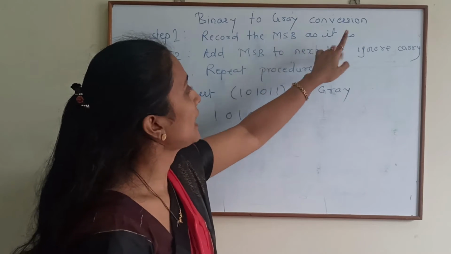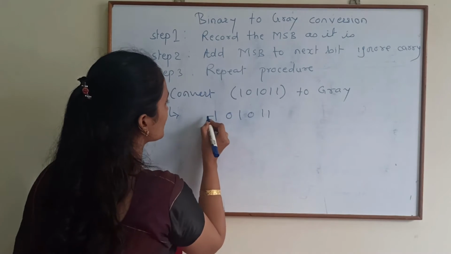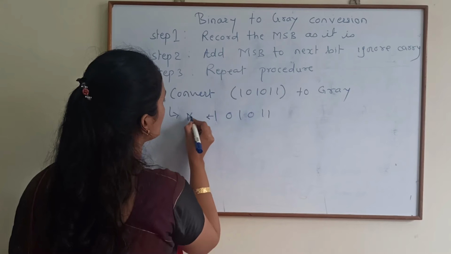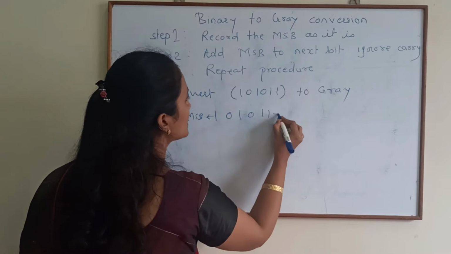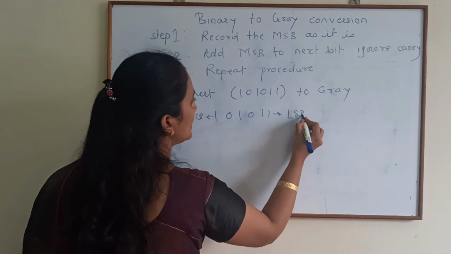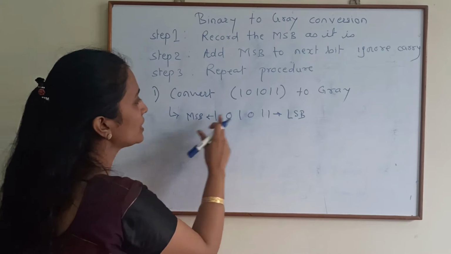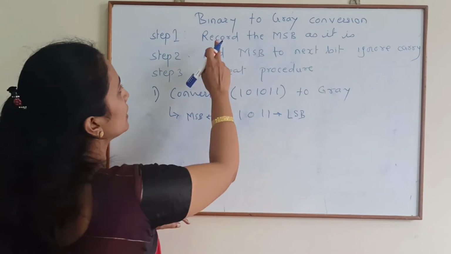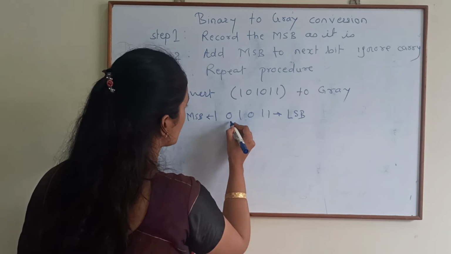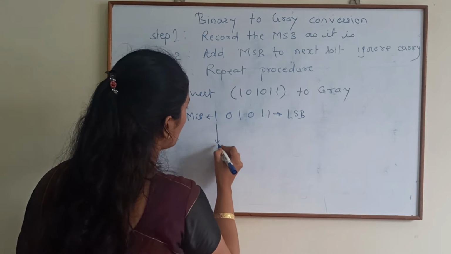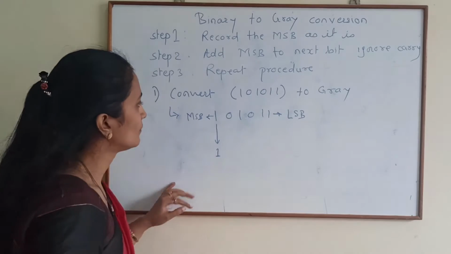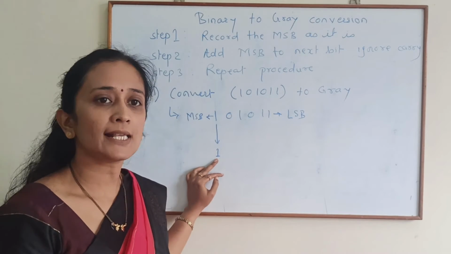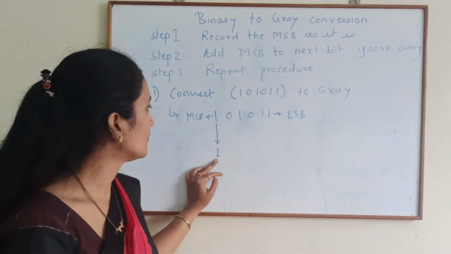Record the MSB as it is. Here this bit is called the MSB and this bit is called the LSB: most significant bit, least significant bit. So take 1 as it is. The MSB will be the same in binary and Gray.